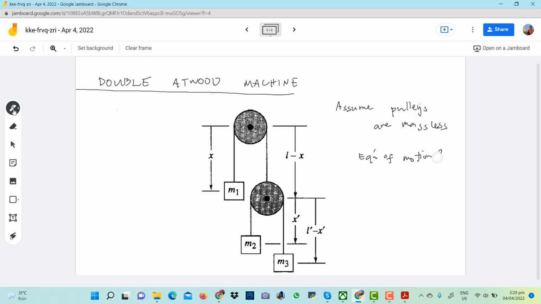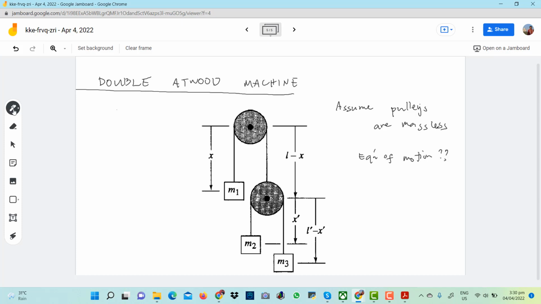Equation of motion. This is easy. The first thing to do is to determine the degrees of freedom. There are three masses, so I have 9 degrees of freedom, but I have, I think, 7 constraints.